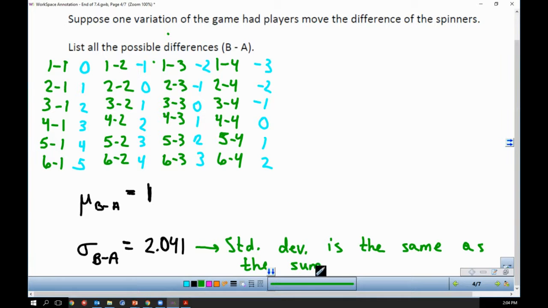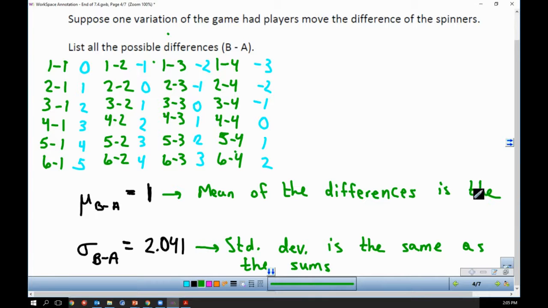Repeat that one more time, please. The mean of B minus A is the mean of B minus B. That's right. So the mean of the differences is the difference of the means.